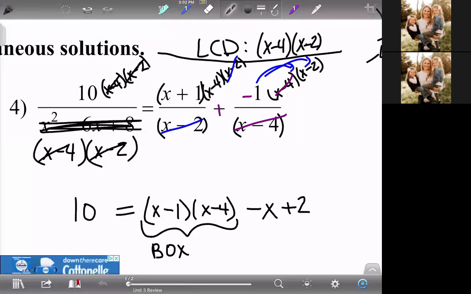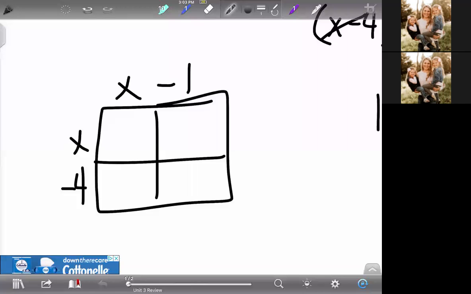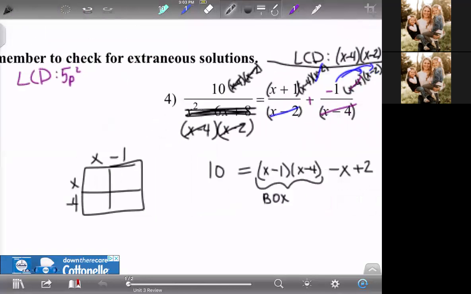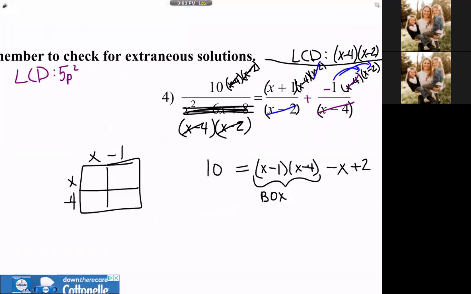So now I'm going to take a moment and I'm going to box the x minus 1 times the x minus 4. So when I create my box, again, I'm going to multiply the x minus 4 times the x plus 1.